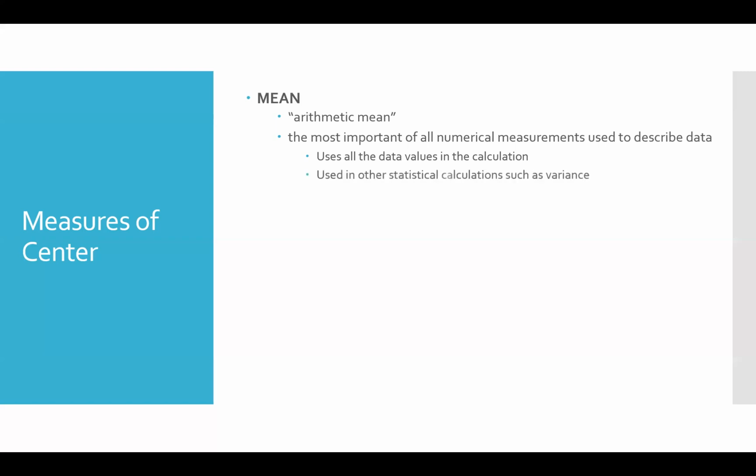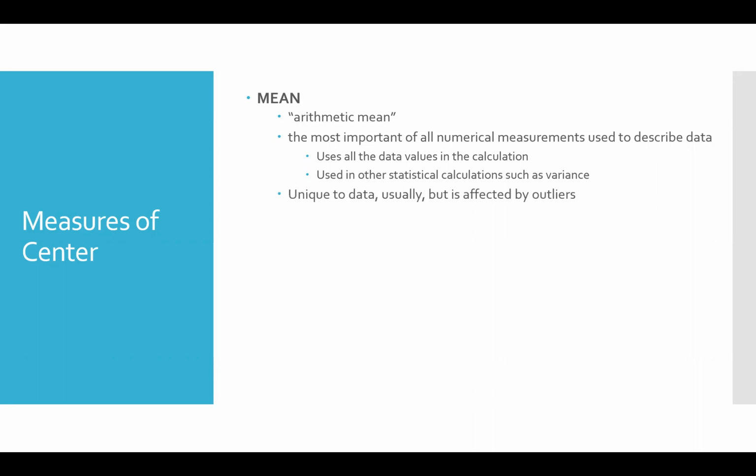Okay, and it's also used in other statistical formulas or other statistical calculations. So the mean is what most people are referring to when they refer to the average. The process is you would add up all the values and divide by how many you have. But again, we're going to let Minitab do the work.